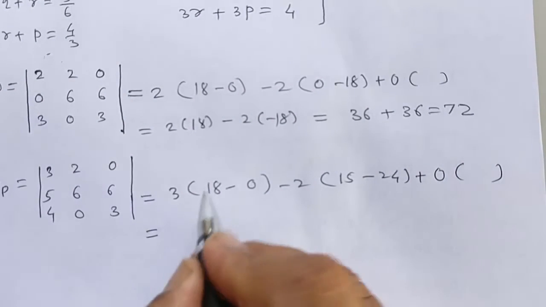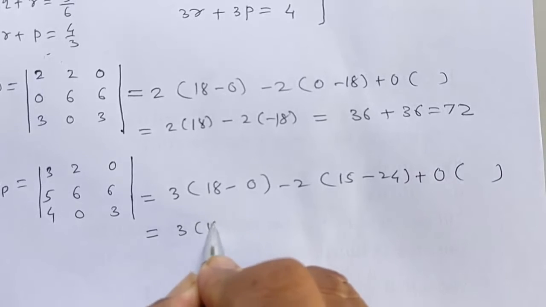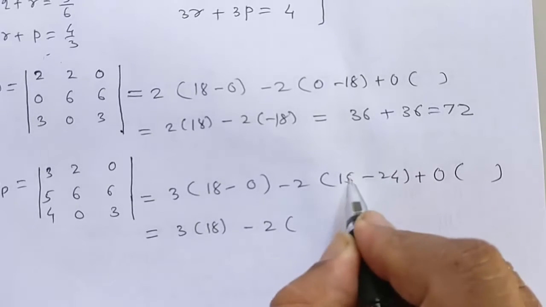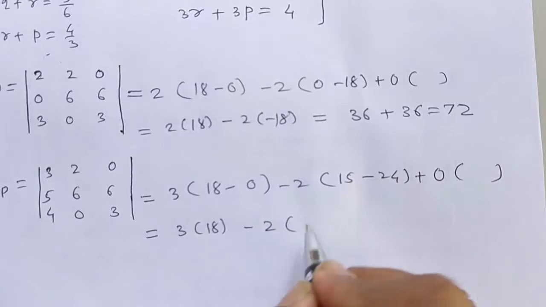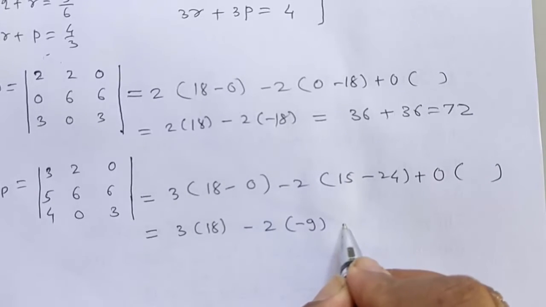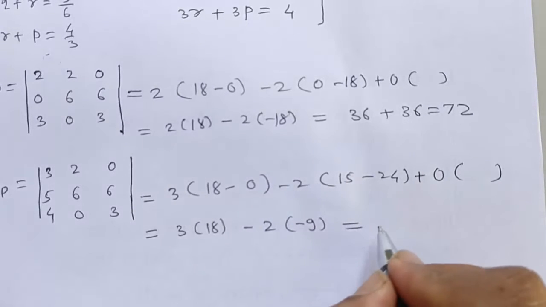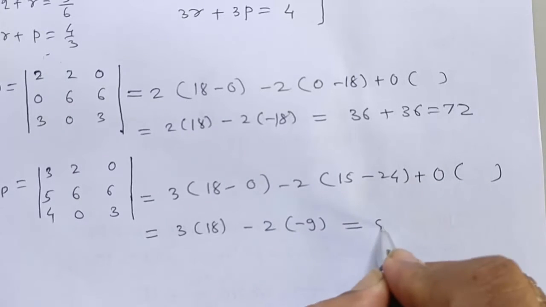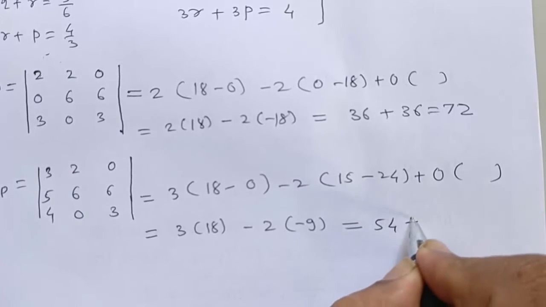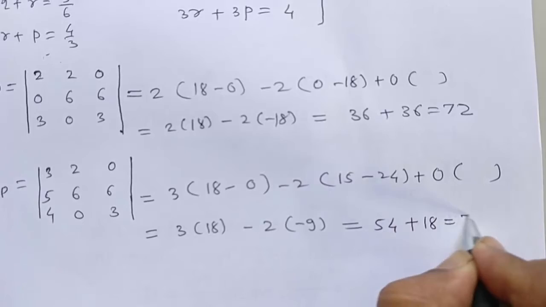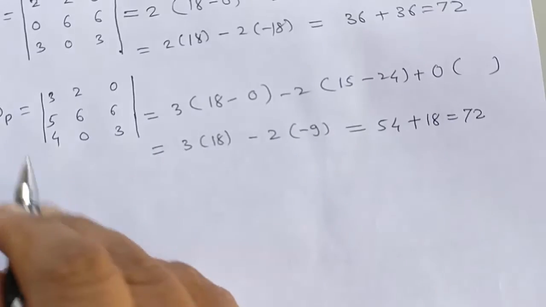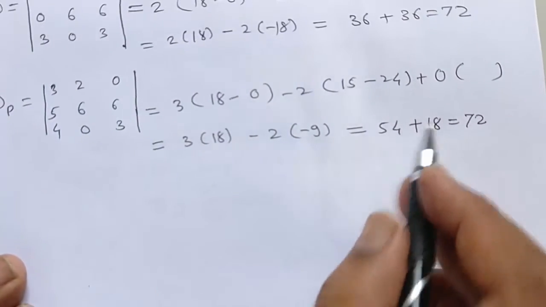It is equal to 3 into 18 minus 2 into 15 minus 24, minus 9... 54 minus, becomes plus 18, is equal to 72. The value of dP is 72.